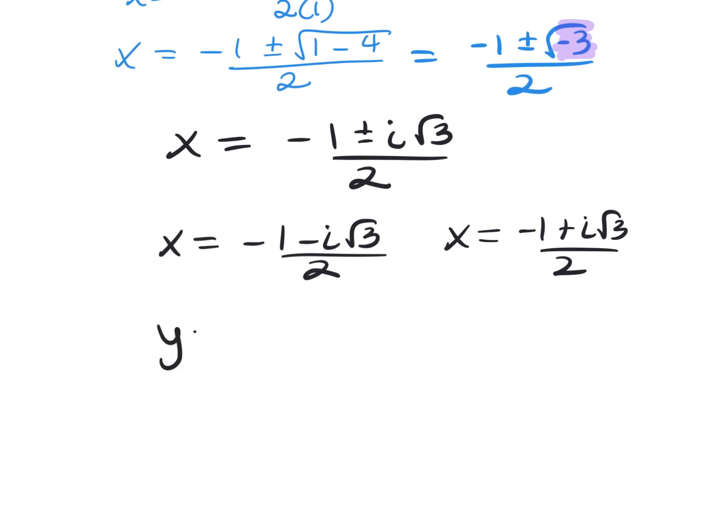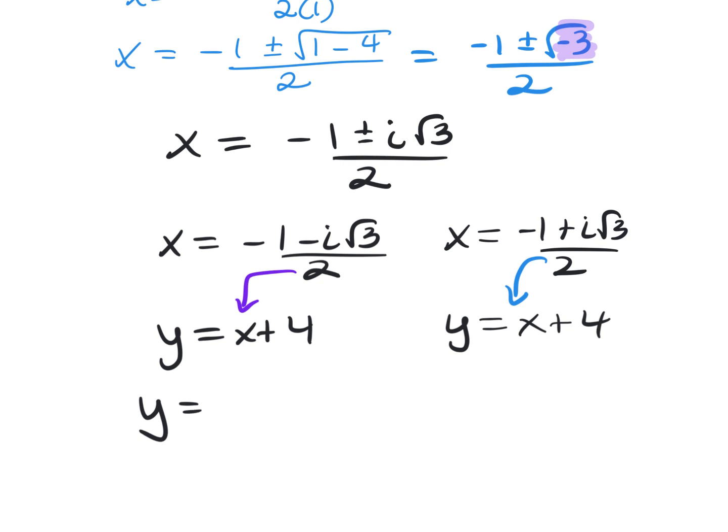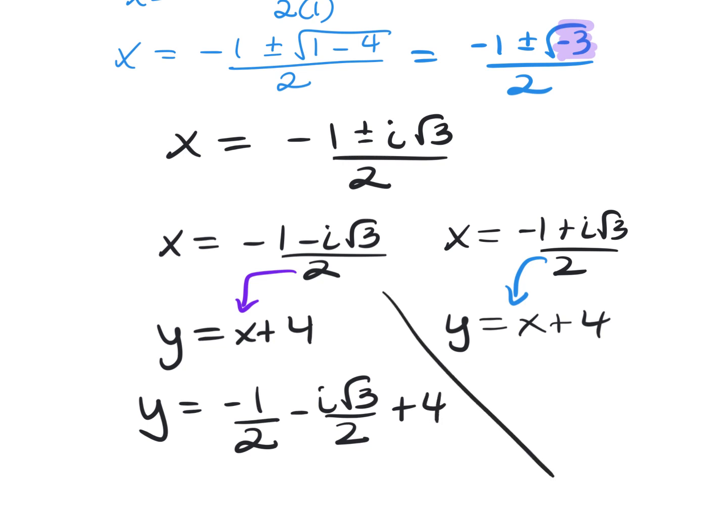So if I take my rearranged equation and plug this in for x both times, I would get y is equal to -1, and what I'm going to do is pull this apart and make it -1/2 minus i root 3 over 2, plus 4. So that's just that one.